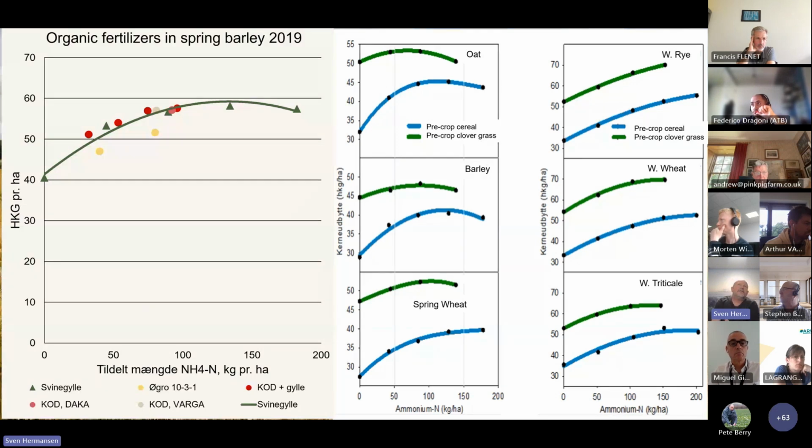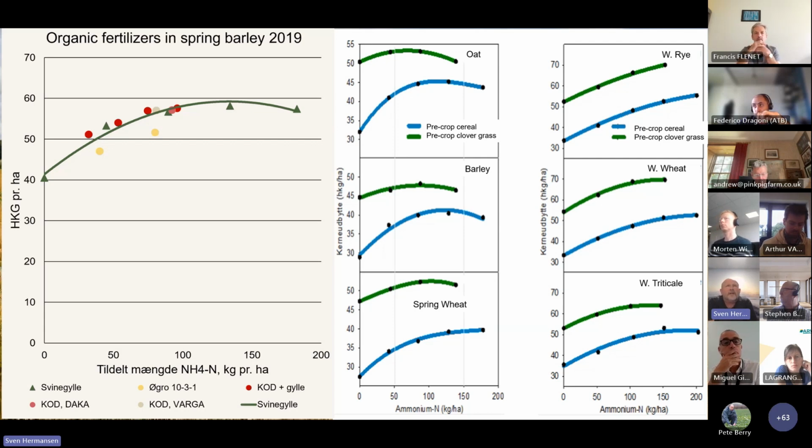We've done a lot of trials on this, and this new figure here is more or less the same as the barley on the other side, and we tried different organic fertilizers that we can use in organic farming. We have the slurry, we have the digested household waste, and we have some mixtures of these, and even some fertilizer, the yellow dots.